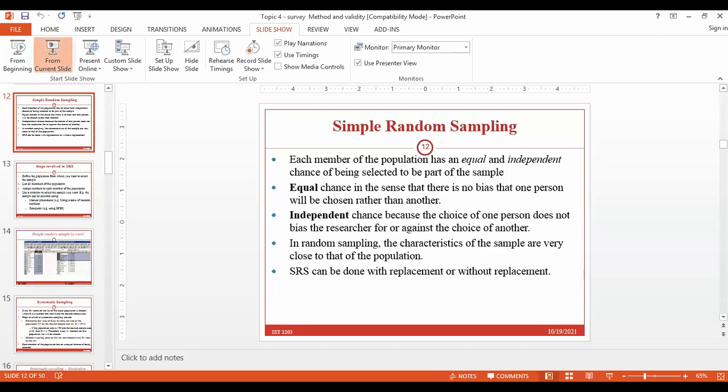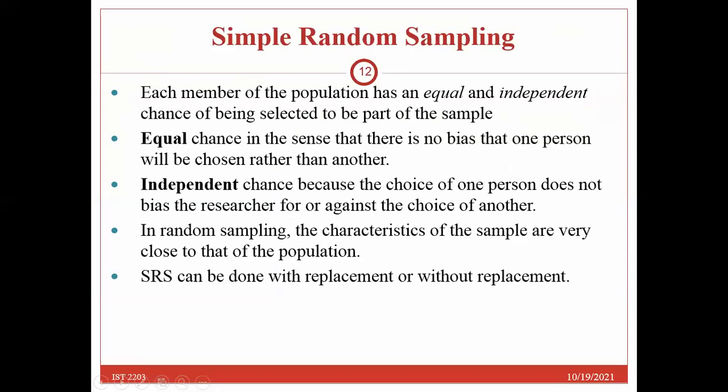So we're first going to look at the simple random sampling method. Here, each member of the population has an equal and independent chance of being part of the sample. It is equal, independent. Equal in the sense that there's no bias that one person will be chosen rather than the other. Everyone has a chance, whether male or female, young or old.